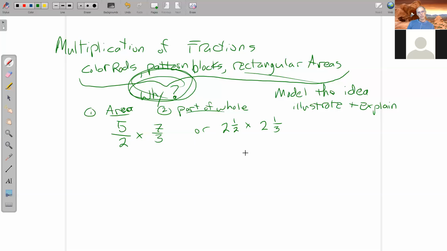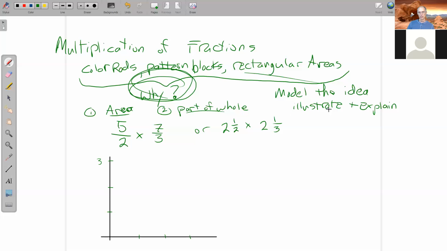I'm going to consider both of these as I draw this out. They're about the same. So I'm going to set myself up a grid for my area. On this grid, I'm going to have to mark off wholes and halves. I need to get to 2.5, so maybe I'll do something like 1, 2, 3.